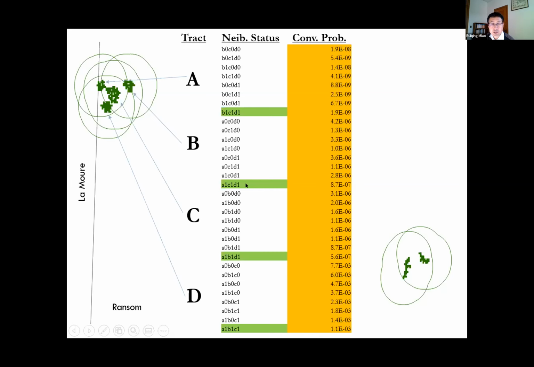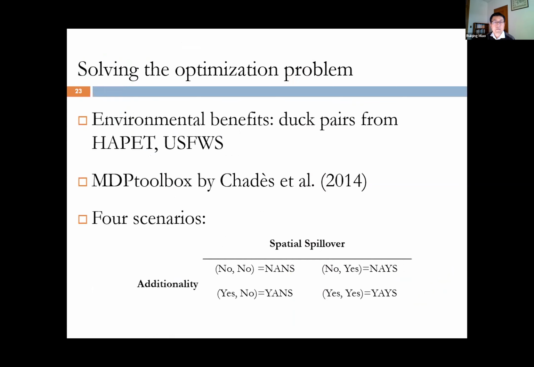For the 6 tracts, it's very difficult to solve the problem manually. So we use a MATLAB toolbox called the MDP toolbox, developed by Chadès et al. in 2014. As I mentioned, the environmental benefit for those tracts is measured by duck pairs, with data from HAPET, US FWS.